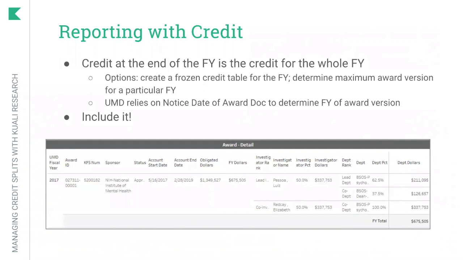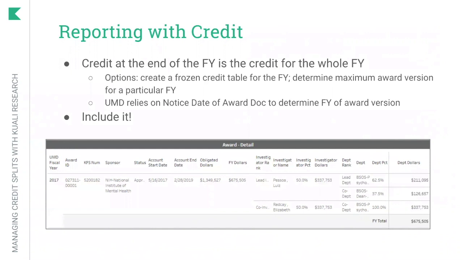Because he has two departments, his investigator dollars are then further split into his two departments. His first department is 211, his second department is 126. The FY total for the three departments for those two investigators is 675 for FY 2017, which does indeed match what we see in the middle.